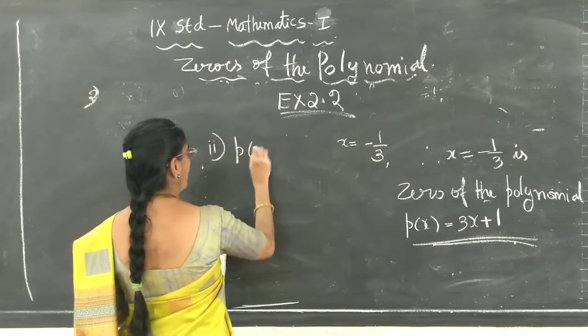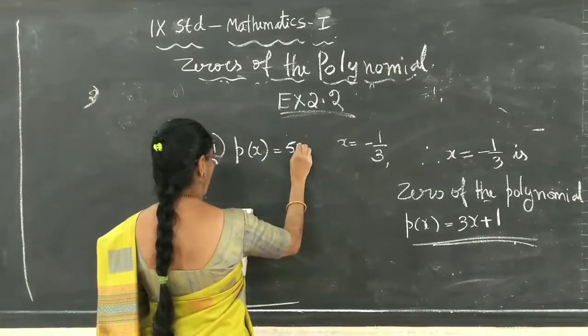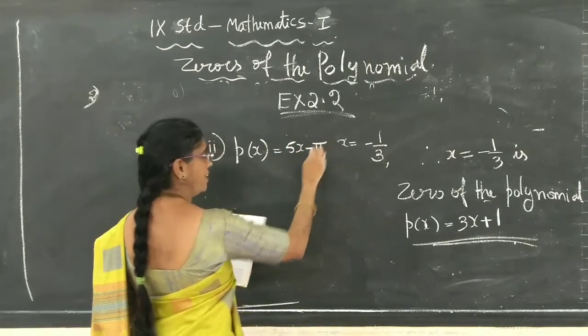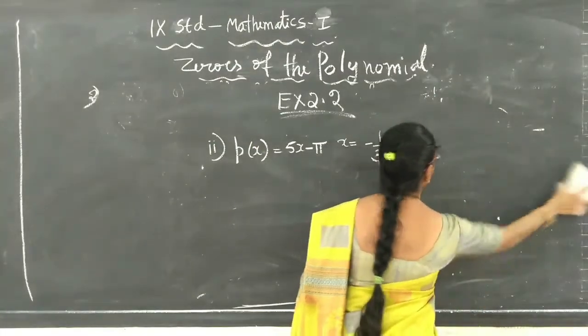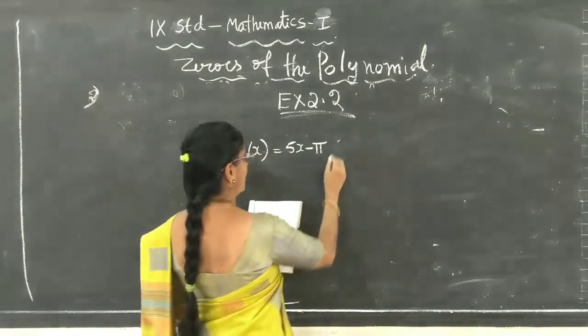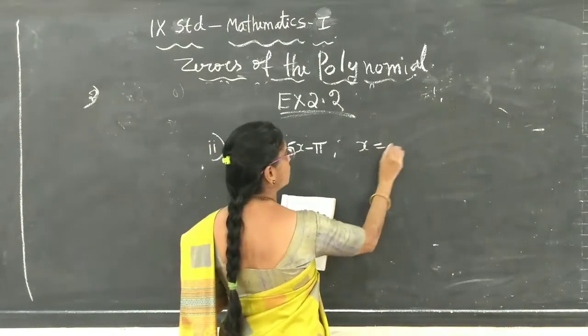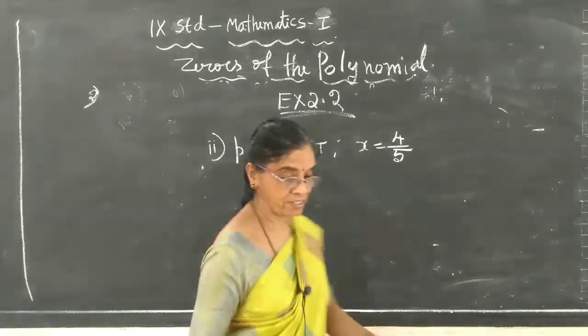The polynomial with variable x is 5x minus pi, and you have to check it at x is equal to 4 by 5. This value you have to check.